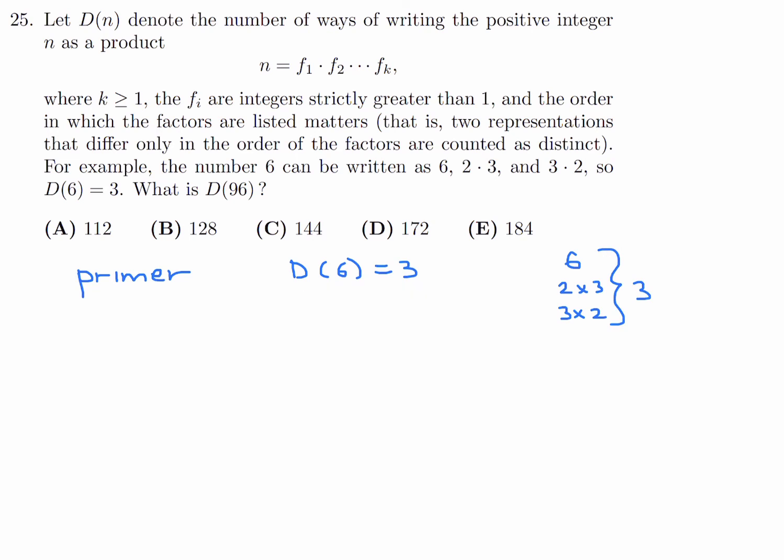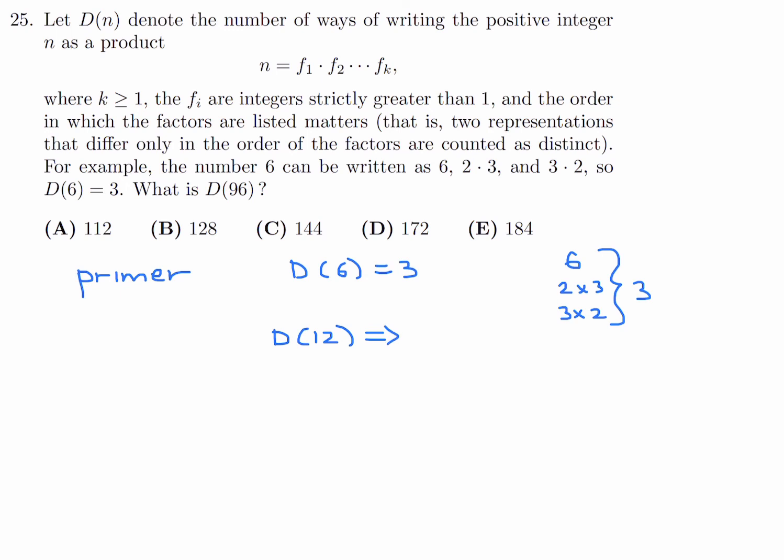All right, now I want to see, is there a relationship between different D's? So for example, if I have D12, can I write that as a relationship with other D's? Let's see. What is D12, for example? We can figure that out pretty quickly.